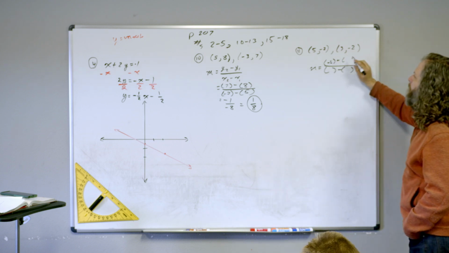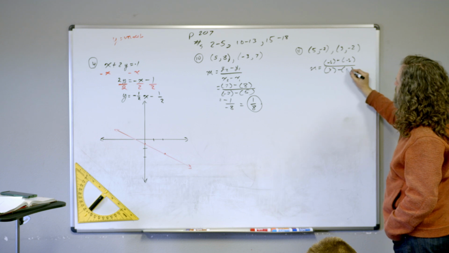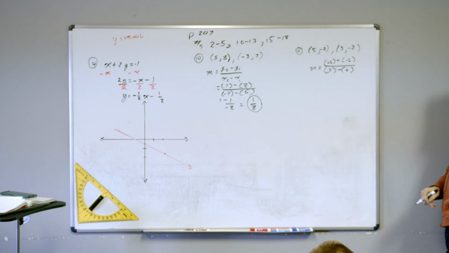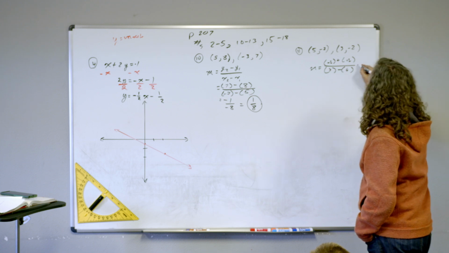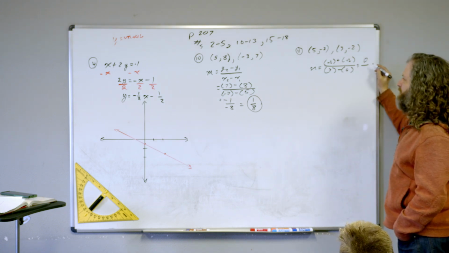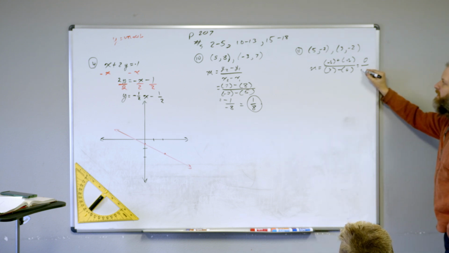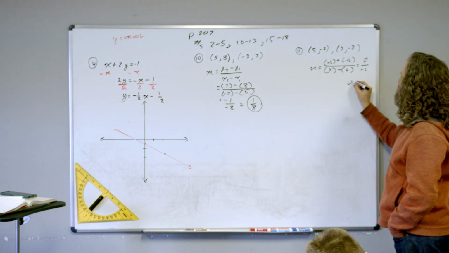What's going to go right here? -2. And this one? 3. What about this one? 5. What do we need to do first? So -2 plus 2 is what? 0. 3 minus 5 is what? -2. Can we clean this up any? Yeah, it's just 0.